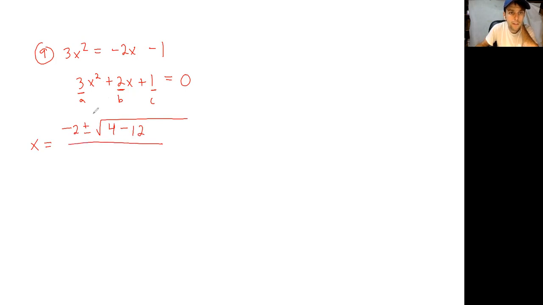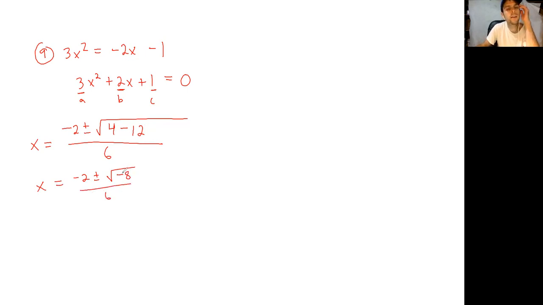All that divided by 2 times a. So 2 times 3 is 6. So notice how I did that a little different than the last time. It's going to save me just a little bit of extra writing that I won't have to do. Okay? So -2 plus or minus the square root of -8 over 6.